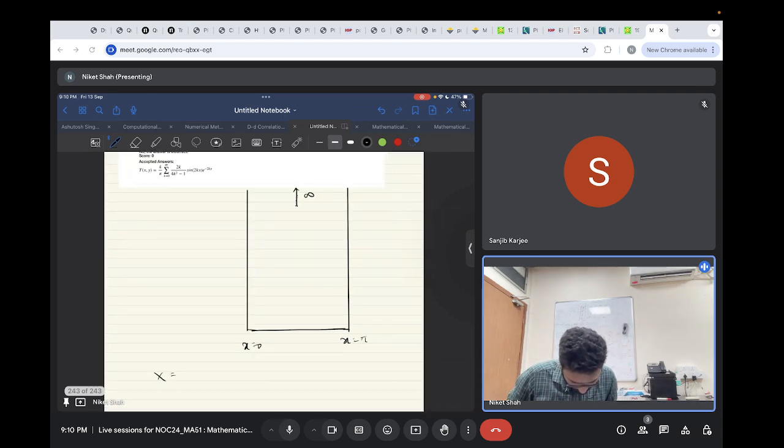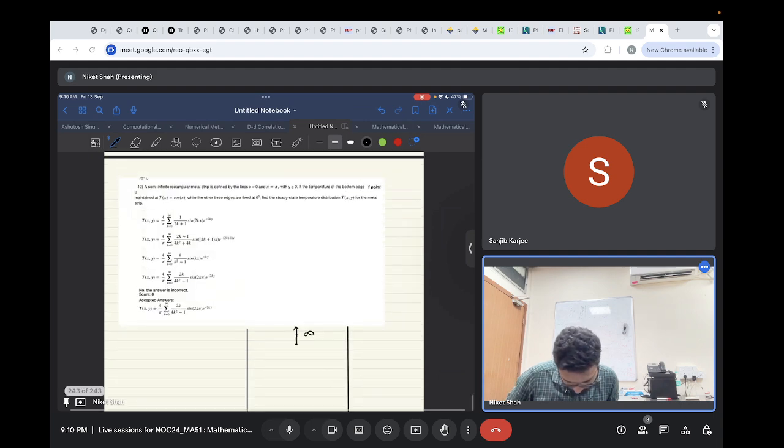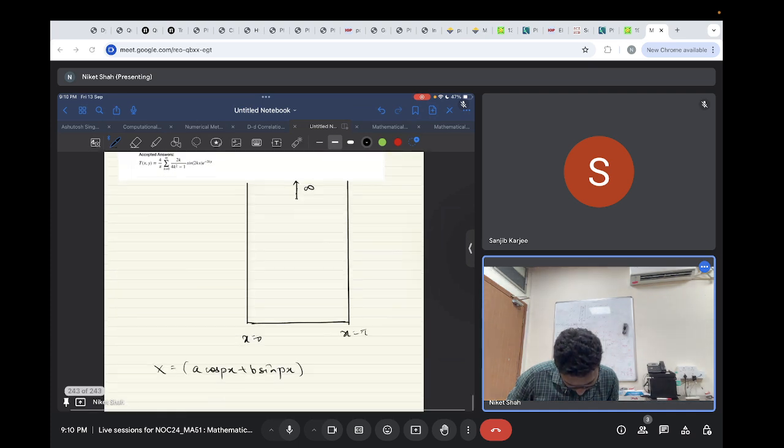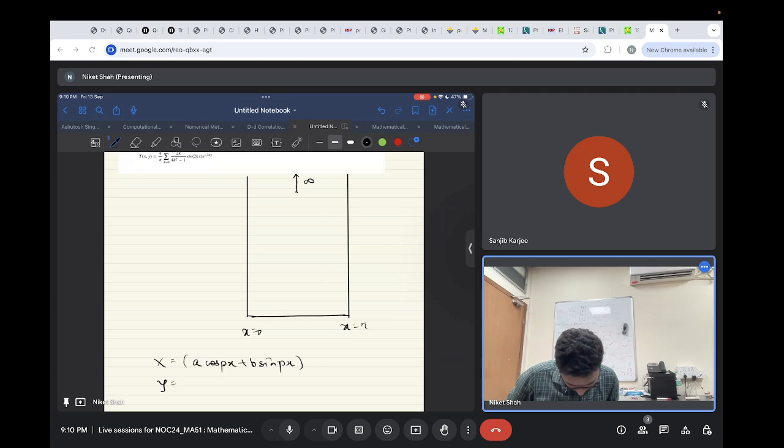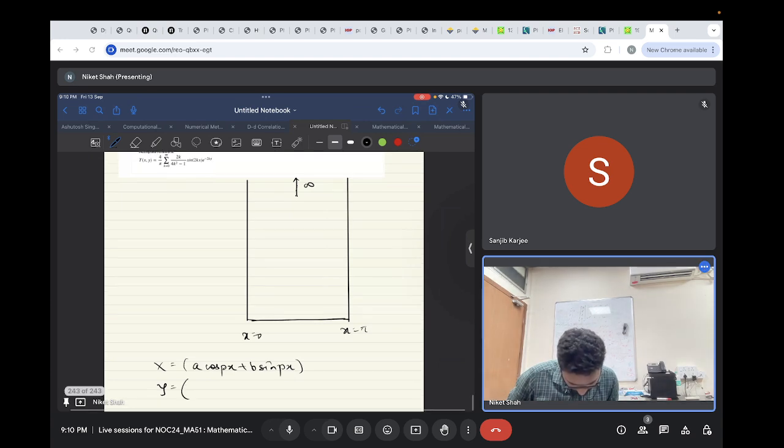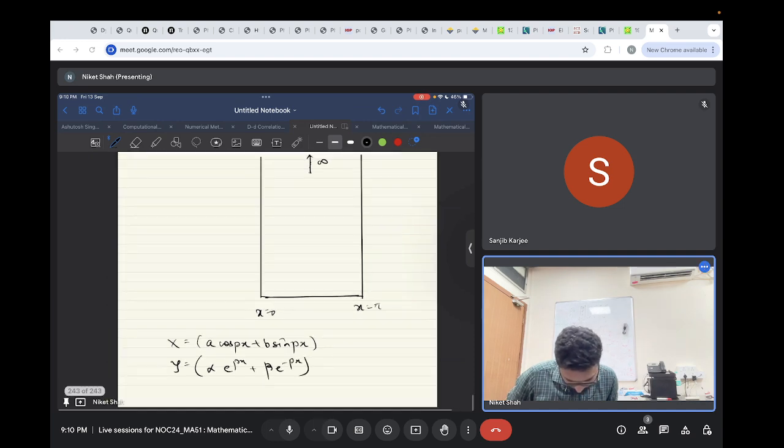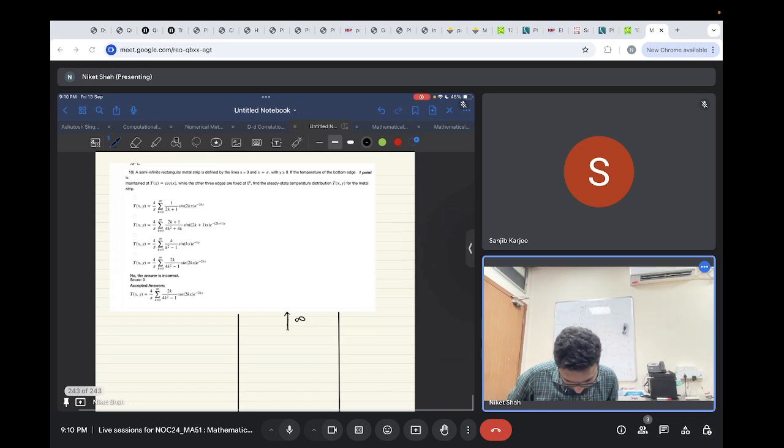So x function we'll take as a cos px plus b sin px. And the y function we'll take as alpha e power py plus beta e power minus py.